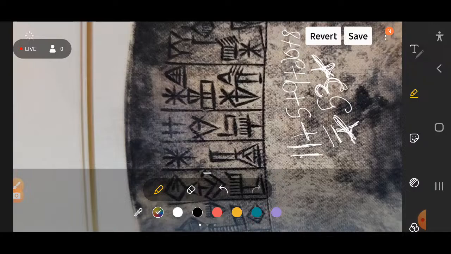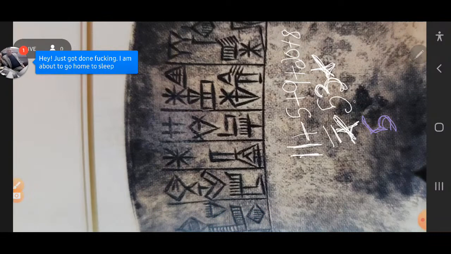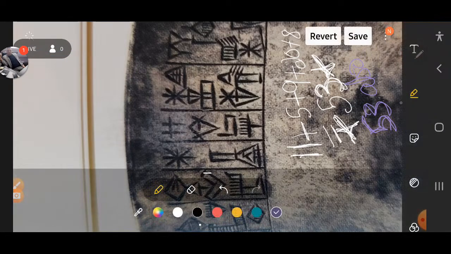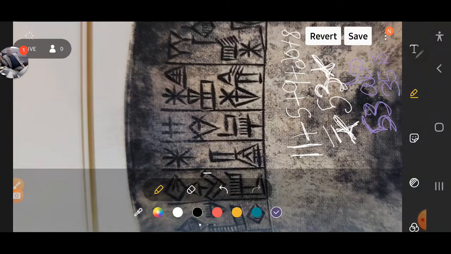First of all, 53 is very unique. Also, 35 is similar backwards. It's similar.